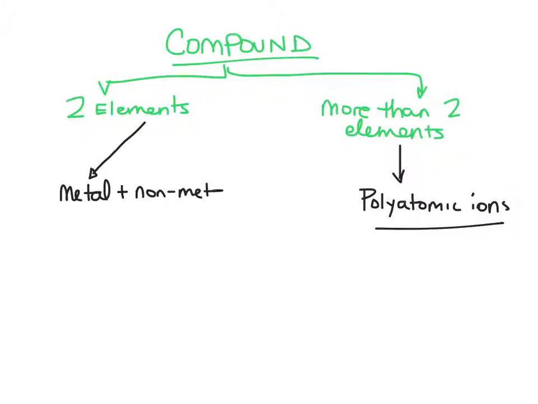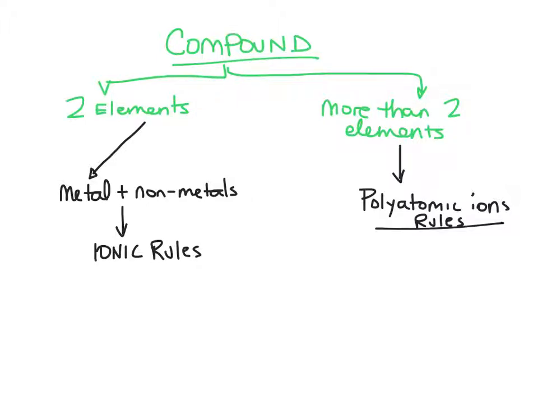Remember, metals are on the left and the non-metals are on the right, and there's that staircase that runs down. So the metals are like the Harry Potters of the world. They live underneath the staircase. Okay, so if it's a metal and a non-metal, you're going to follow ionic rules. Just like if there's more than two elements, you follow the polyatomic ion rules.